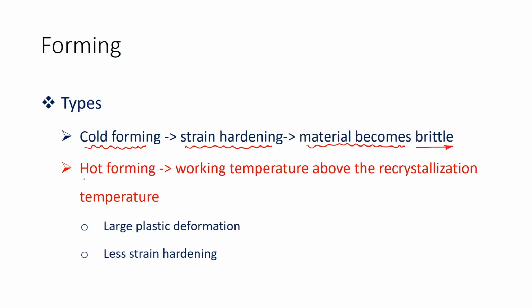The next group is the hot forming process. Here we are applying heat energy, and when the temperatures are above the recrystallization temperature, then we apply the mechanical forces. During this hot forming process, we get large plastic deformation and the strain hardening would be less.